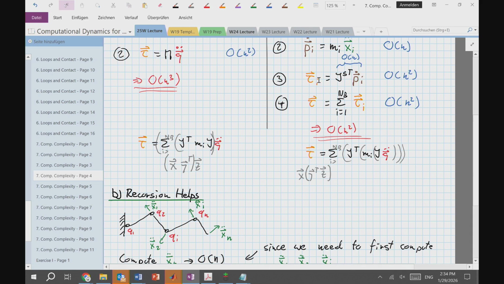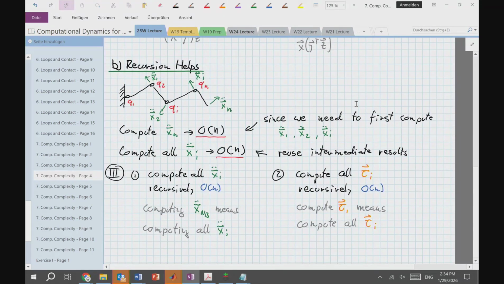But if I want to compute all the joint torques that are generated by all the, in this case, inertial forces, it's better to sum them up recursively, because stuff down the chain influences things closer to the root. If we talk about forces, and then if we talk about accelerations, it's exactly the other way around.